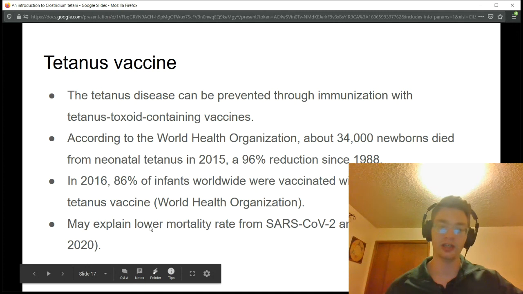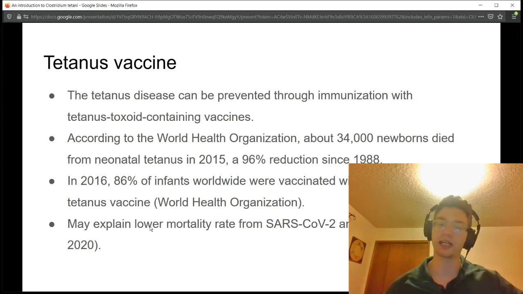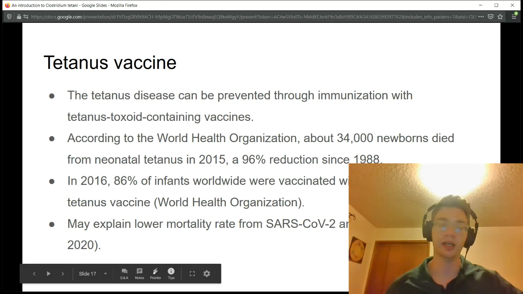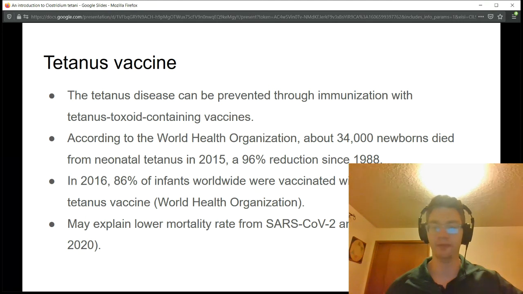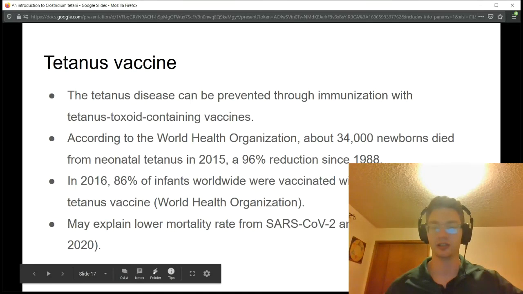There's a theory that this might explain the lower mortality rate from SARS-CoV-2 among children. And I read part of the article. I didn't really fully understand it. And who knows how much legitimacy there is there. At this point, it's kind of just a thought.